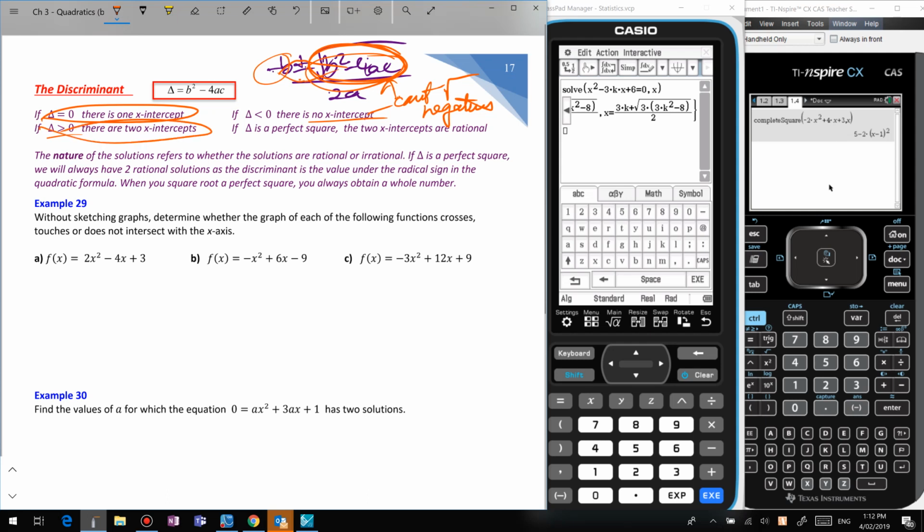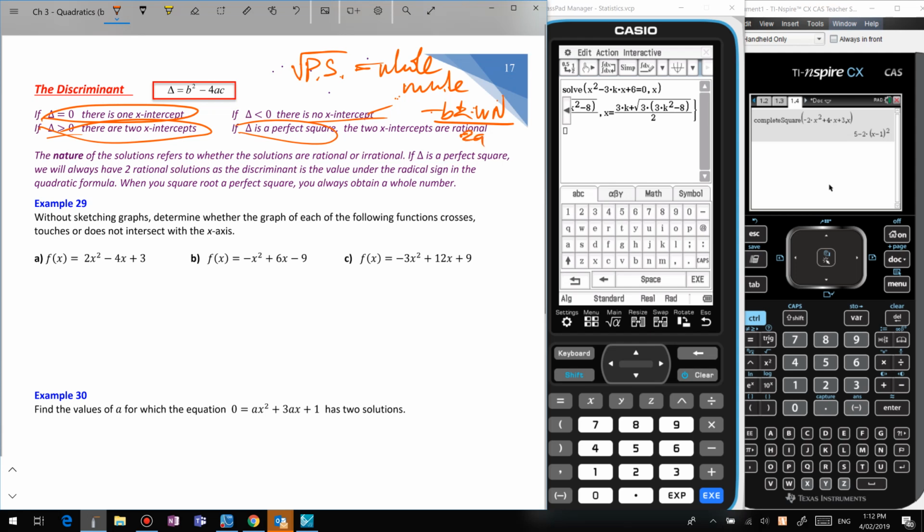And if it's a perfect square, well, it makes sense. If you've got the square root of a perfect square, that's just a whole number. So we end up with negative b plus or minus a whole number, divided by 2a.